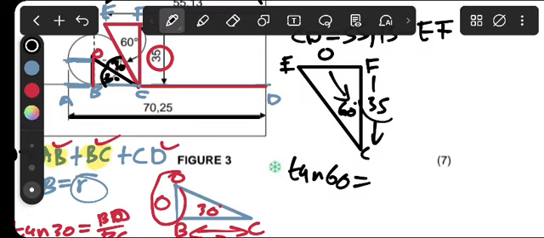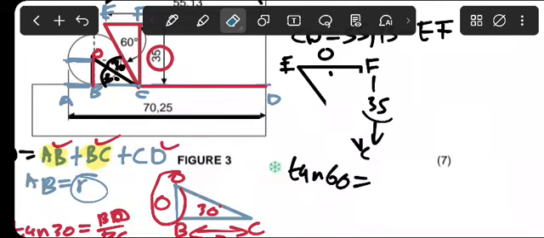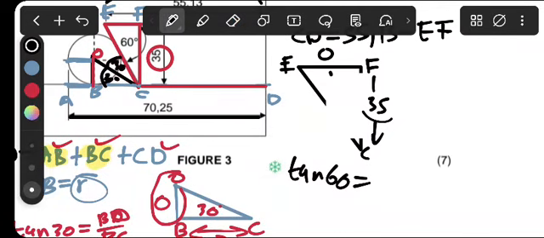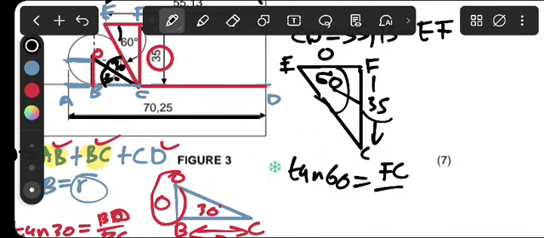No, sorry, it's not here. I'm checking the diagram. The angle is there at the top. Oh, here it's 60. So the opposite will be FC divided by adjacent, which is EF.